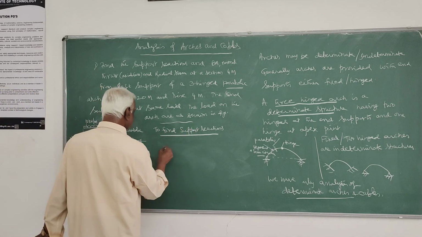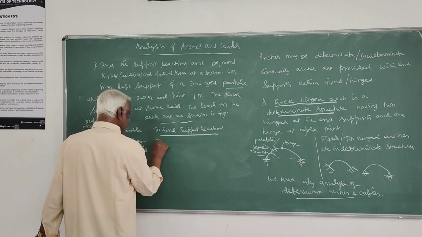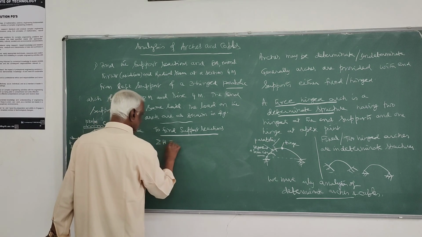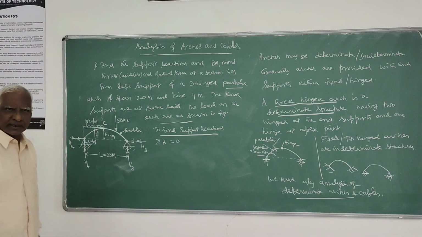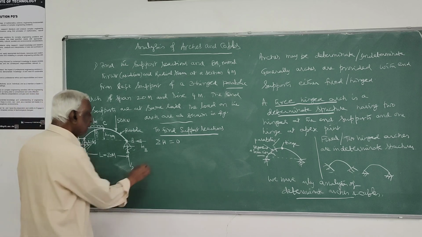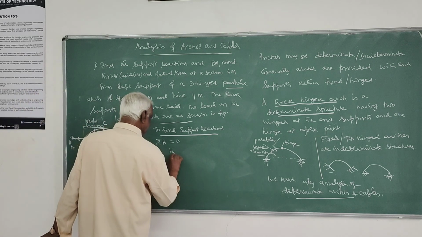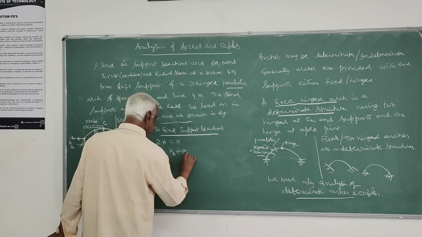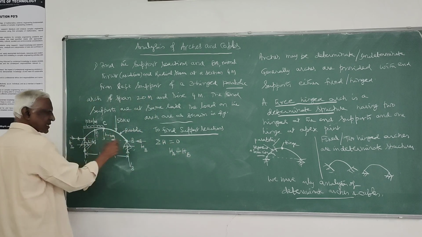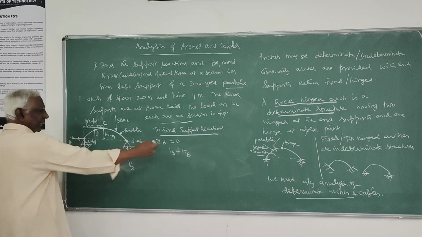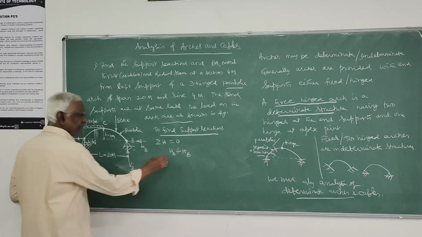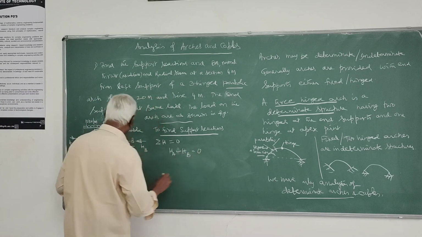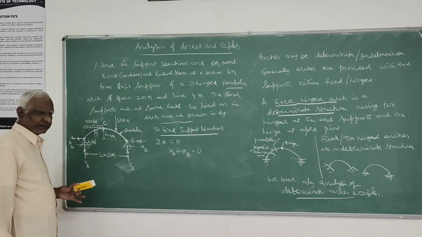So to find support reactions first, I will apply the 3 equations for finding the support reaction. Sigma H equals 0. So you will have HA minus HB. I have taken HA like this, compression only, and this is minus HB is equal to 0 because there is no inclined load given.